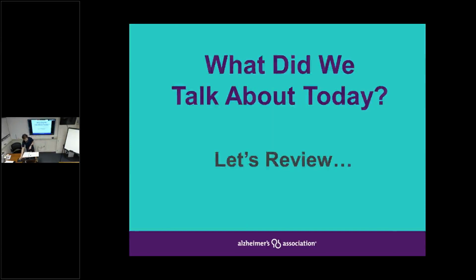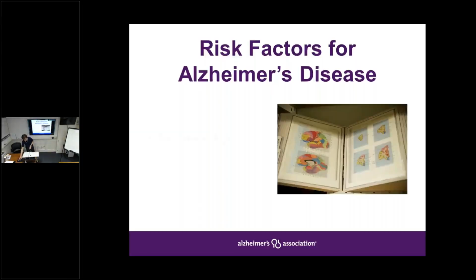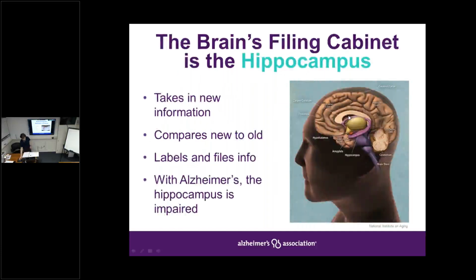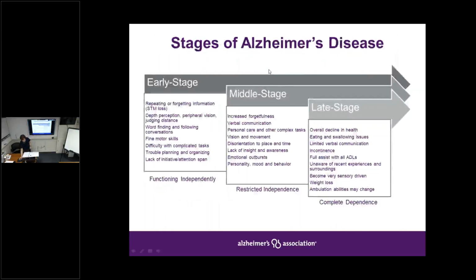So what did we talk about today? In this section, we talked about risk factors. And the number one risk factor is increased age. Genetics does play a role, and there are risk genes and other risk factors and deterministic genes. We talked about how the hippocampus is the filing cabinet of the brain, and with Alzheimer's, it is impaired. We talked about stages of Alzheimer's disease, early, middle, and late stage.